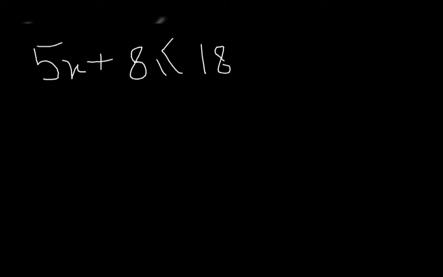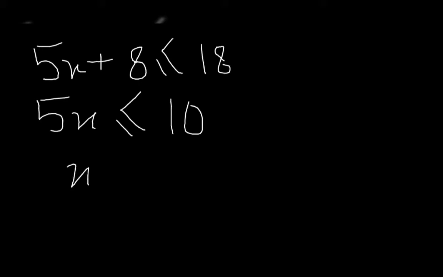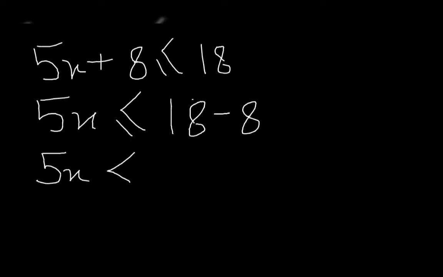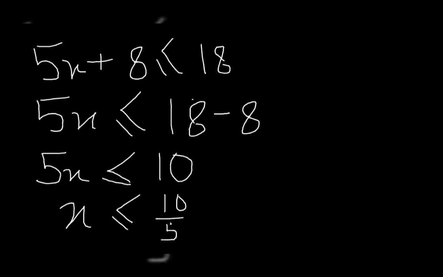It will be 5x less than or equal to 10. I think I did a step jump here; you should not ever do it. 18 minus 8. Even such rudimentary steps, don't step jump in your ICSE exam. Many teachers don't give marks. So it will be 10. x will be less than or equal to 10 by 5. x will be less than or equal to 2.